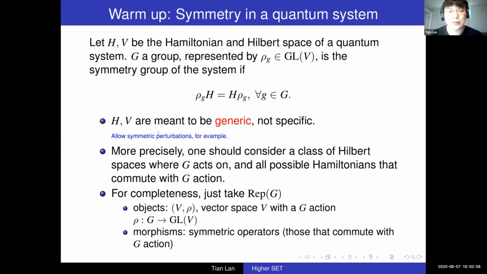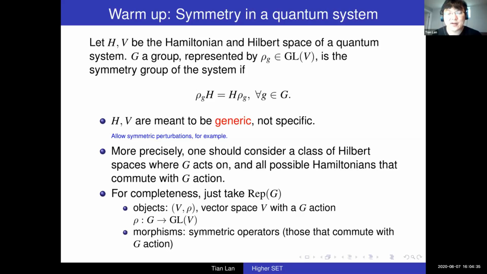In particular, we would allow any symmetric perturbations, and we want to have a series of quantum systems where we can take the thermodynamic limit to define a phase. So more precisely, we should consider a class of Hilbert spaces with the group action and all possible Hamiltonians that commute with the group action.